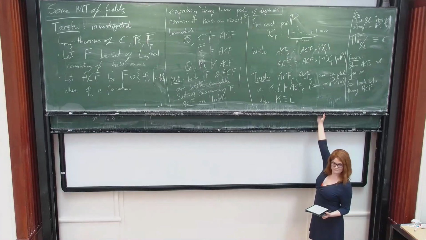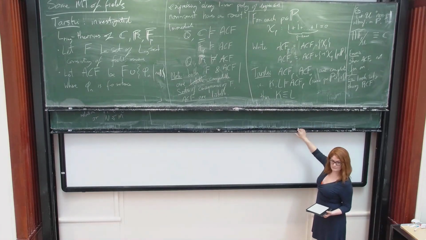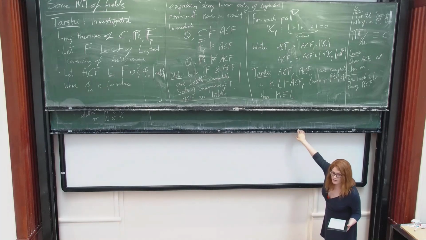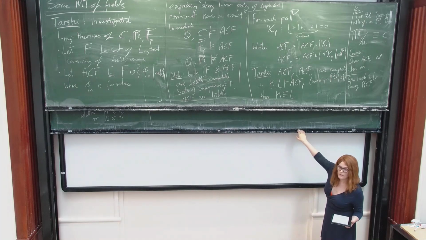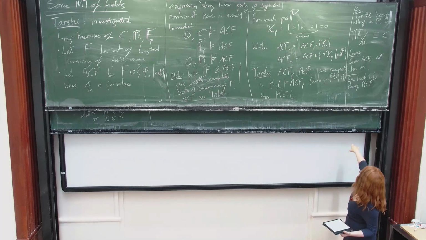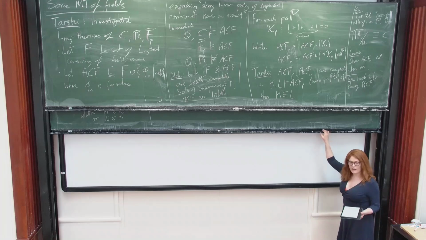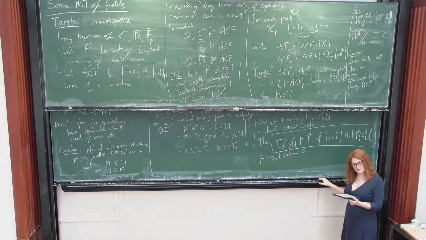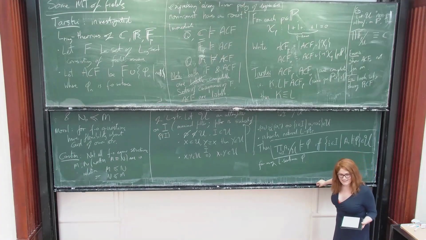So the exercise is to show ACF 0, or to show ACF p? I mean, ACF 0 is always not finitely axiomatizable. I agree with you that ACF 0 is not finitely axiomatizable. Maybe I misunderstood your question, I'm sorry.